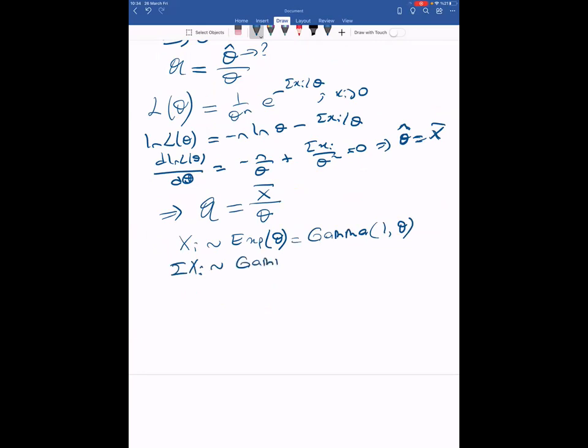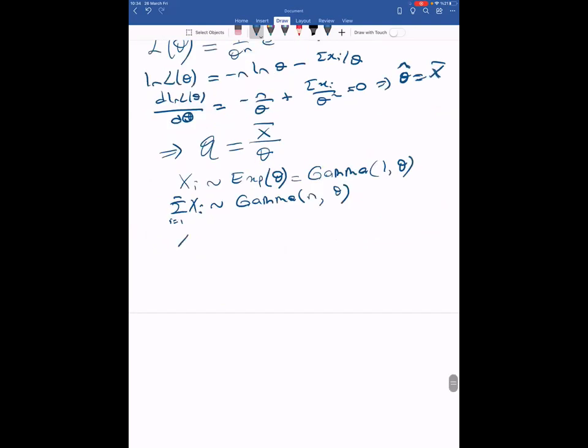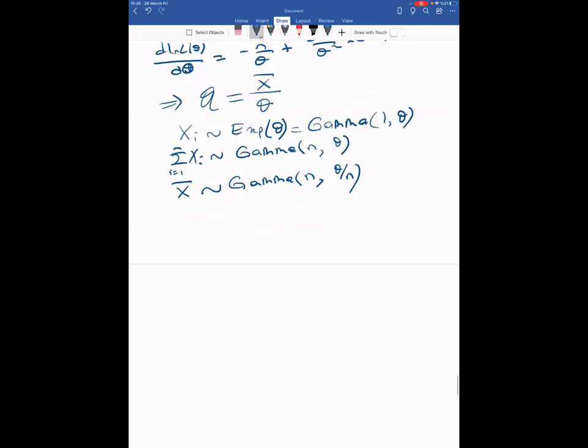When we have a random sample, we are summing n of them. Then for x bar, we are dividing the summation of xi by n. So this affects the second parameter, the scale parameter. So we have n theta over n.